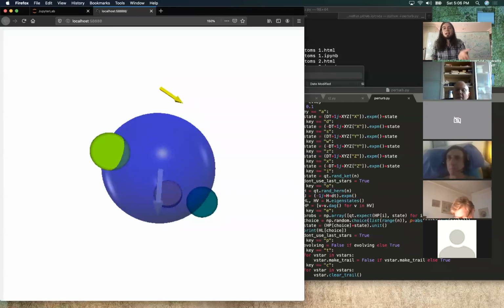Similarly, when I generate a random spin state, a typical state that you'll get will almost surely, with measure zero, never be, say, a Z eigenstate where all the stars are in the same location.